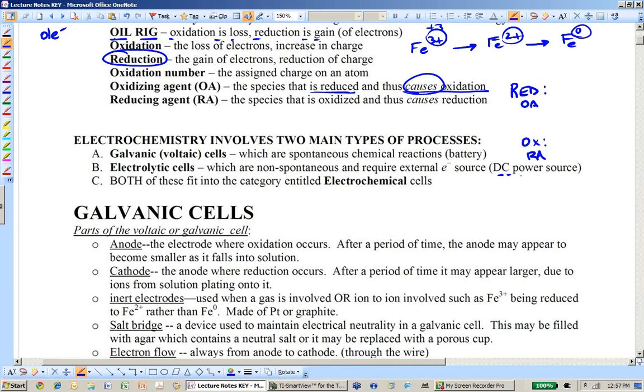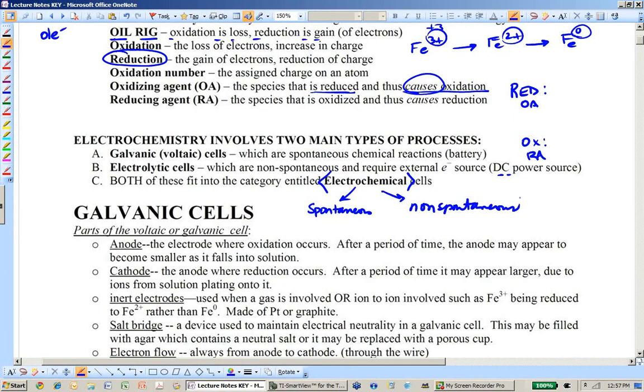That's what DC stands for, power source. And that could be your typical flashlight battery or transistor radio battery type thing that can give off a direct current as well. But both of these fit into a big umbrella term category called electrochemical. So again, electrochemical breaks out into two pieces, those that are spontaneous and those that are non-spontaneous.